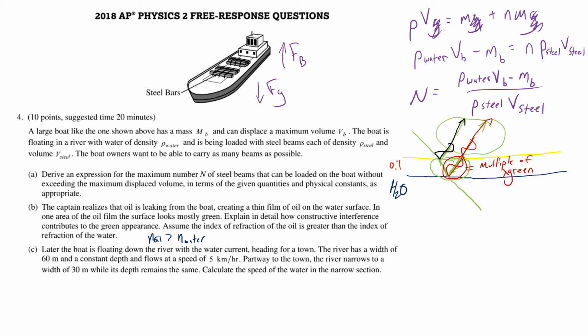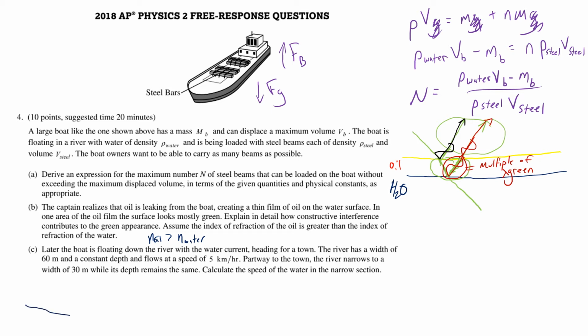All right, so later the boat is floating down the river with the water current heading for town. The river has a width of 60 and a constant depth and flows at a speed of 5 kilometers per hour. Ew, non-standard units. Partway to the town, the river narrows to a width of 30 and the depth remains the same. Okay, so let's draw a picture because it'll make it so much easier for us to visualize here.